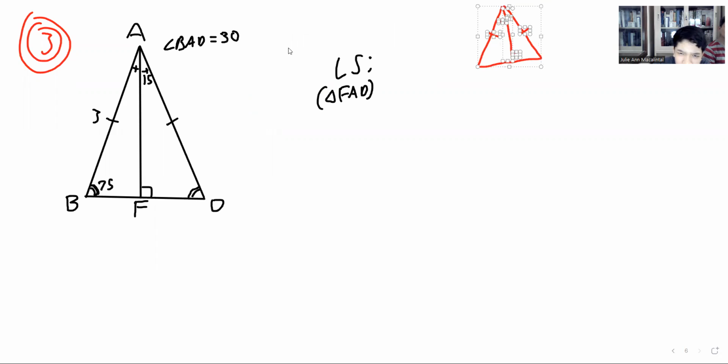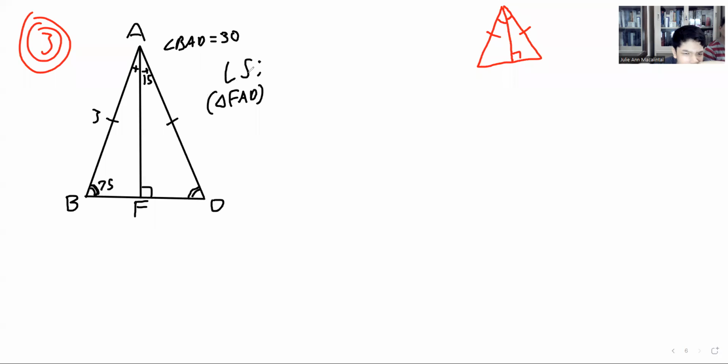What does LS stand for? Law of sines. Which is just applied to triangle FAD.